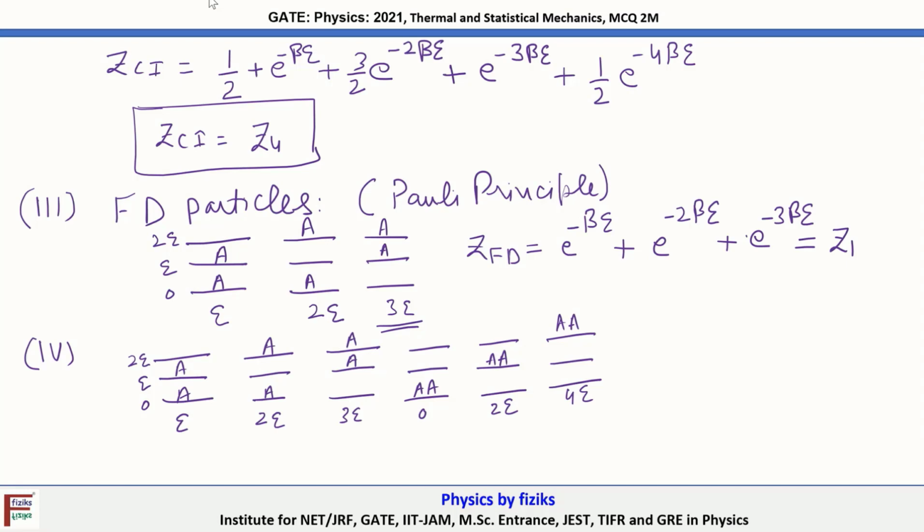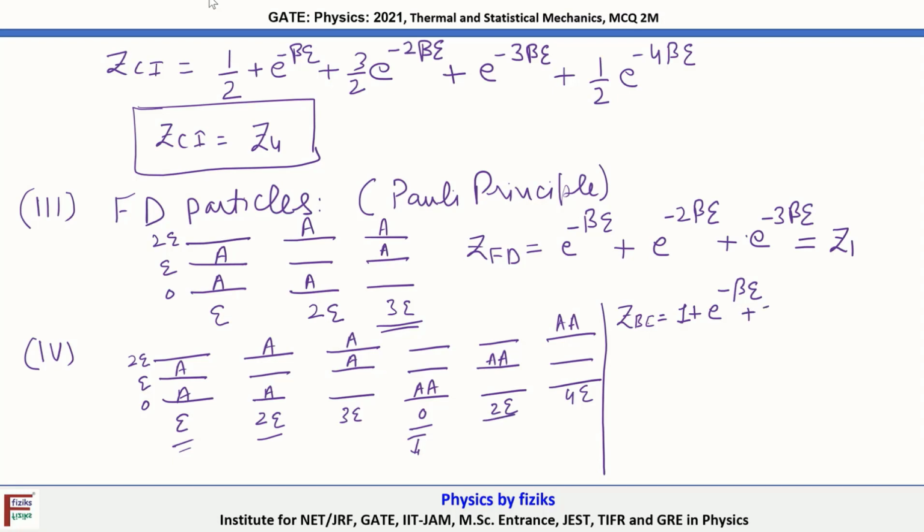So the corresponding partition function will be Z Bose particle, that is equal to, first of all the term of the partition function corresponding to energy 0. So exponential minus beta multiplied by 0 will give us 1. Then the term corresponding to this energy, plus exponential minus beta e, and then the term corresponding to 2e. So we are having only 2 terms here.